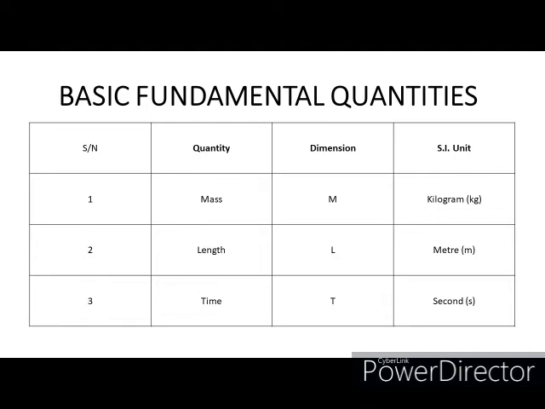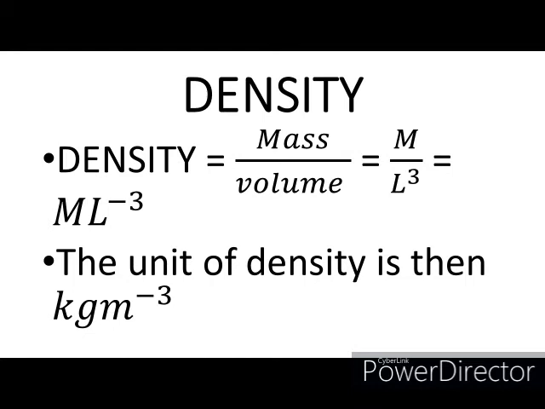So in other words, the physical quantity is said to have been expressed in terms of the dimensions of these three fundamental units of length, mass, and time for us to be able to represent a body dimensionally.